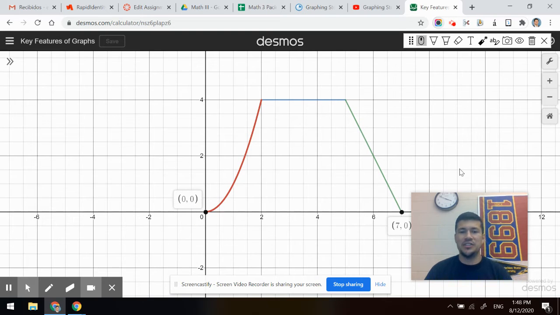We call them x-intercepts because they are intercepting the x-axis. This function only has one y-intercept, and that's common because it's a function. It has only one y-intercept, and it's at (0, 0). So a point can be both an x-intercept and a y-intercept simultaneously, especially the point (0, 0). All right. So those are our intercepts.